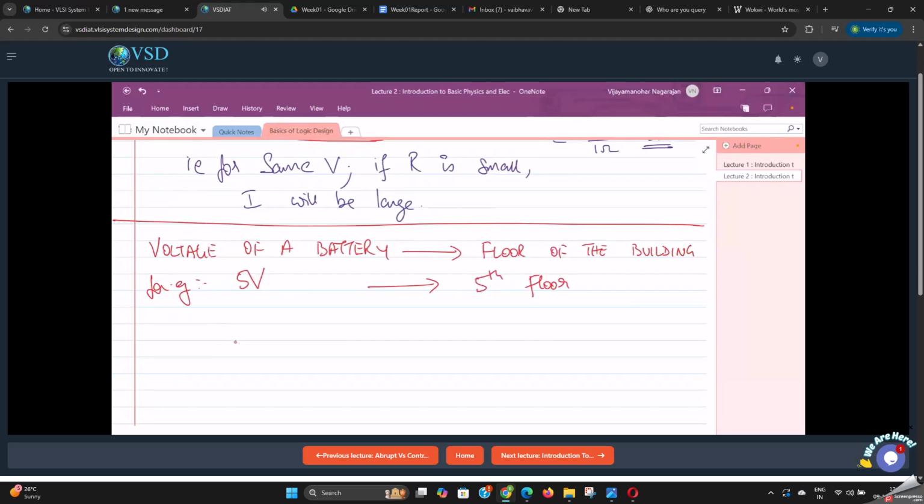So now, let's see what happens if I have batteries connected together. Like this. So this is your lowest potential. Let me take this as reference. What is the voltage here is the question.